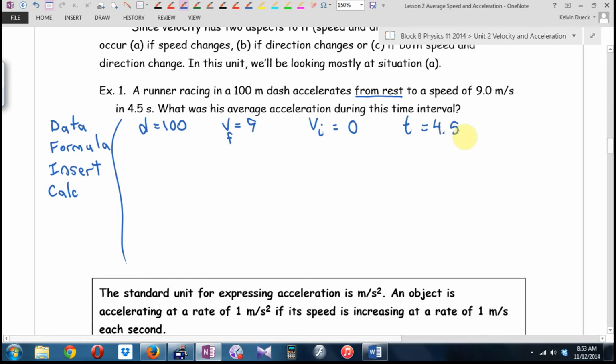What do they want me to find in this question? Acceleration. So I'm going to write, what's our symbol for acceleration? I'm going to go A equals question mark. That's my shorthand for this is what they're asking me to find. Now, why do I do this?